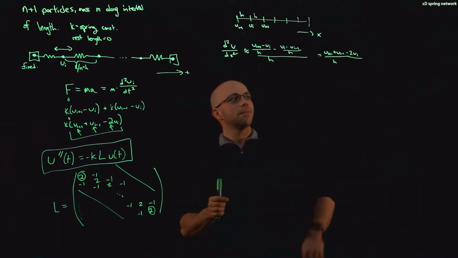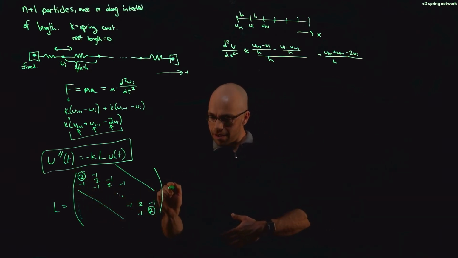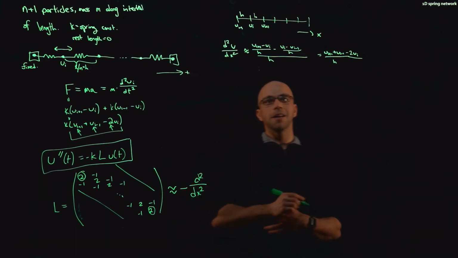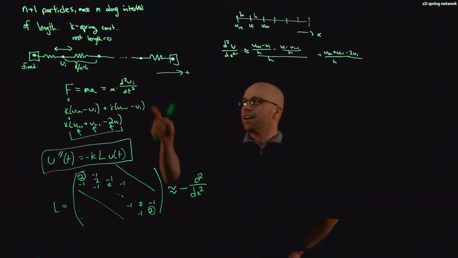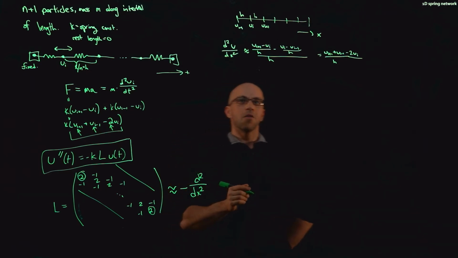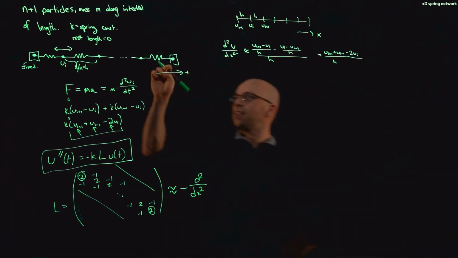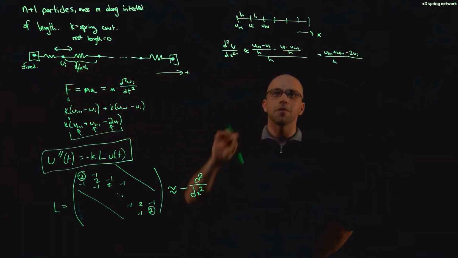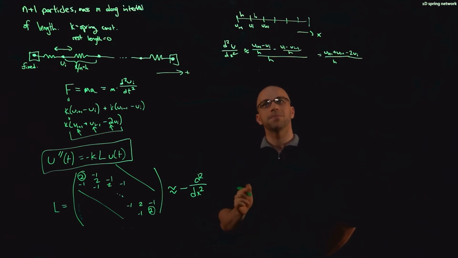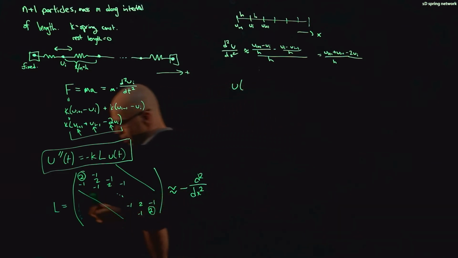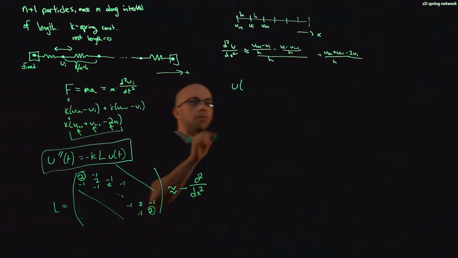So in particular, this operator L looks kind of like minus d squared over dx squared. And in fact, if we take a continuum limit of this sort of setup with a bunch of particles connected by springs of length 0, what we can get is simulating a continuum piece of string where every single point along that string can be associated with a tiny infinitesimal displacement. So in other words, we can take a limit to a function which we can think of as u of x comma t.